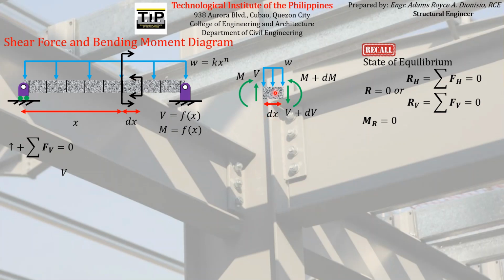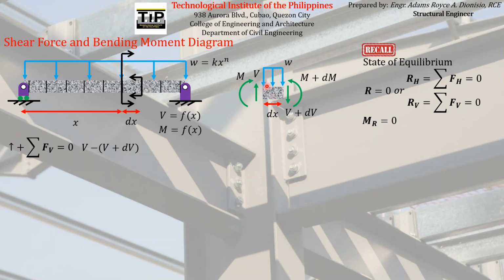First is V, and it acts upward, so its sign is positive. Next is this somewhat different magnitude of shear. It acts downward, so let's assign a negative sign on it because we said that upward forces are positive. What else?